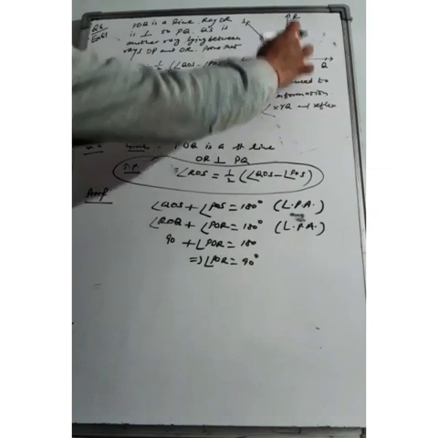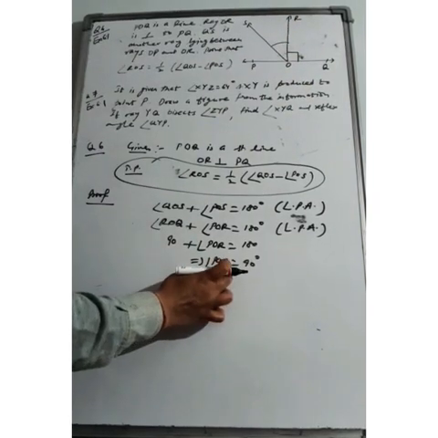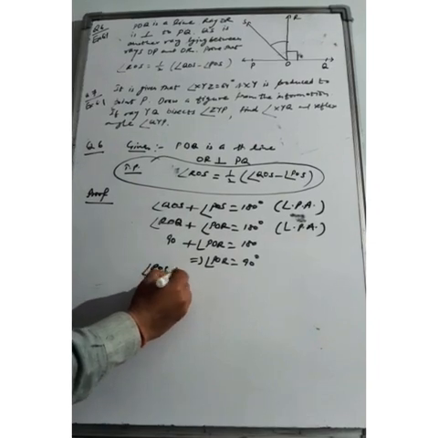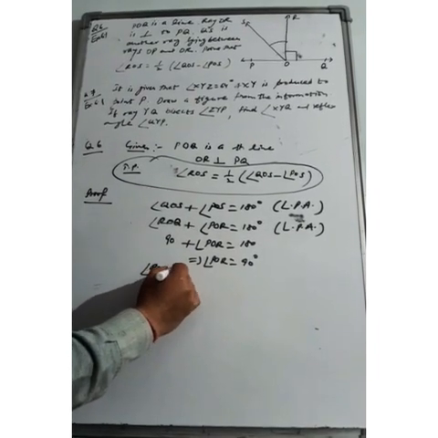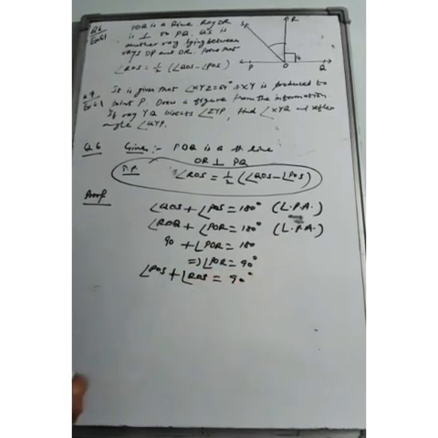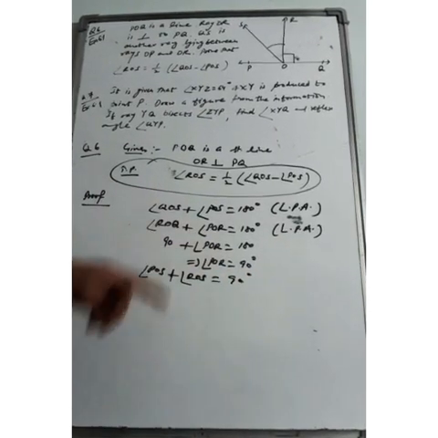Now if you see the figure, I can split this POR into two angles, POS plus ROS. POS plus ROS is equal to 90 degrees.